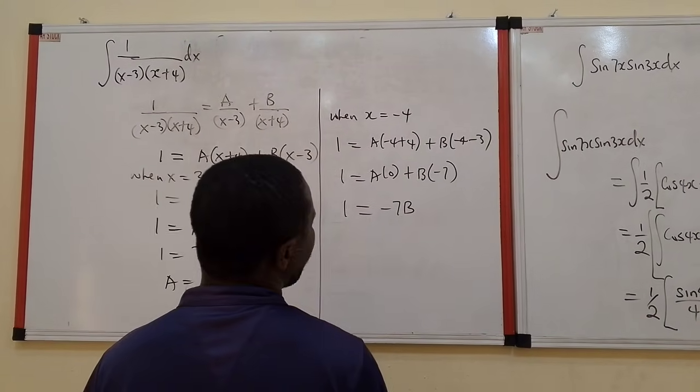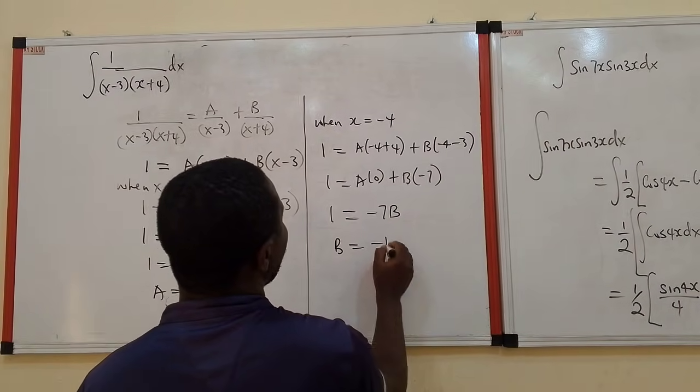Divide both sides by minus 7. I have b is equal to minus 1 over 7.